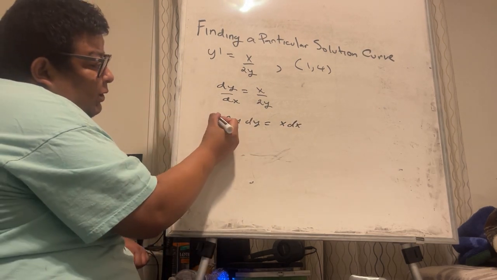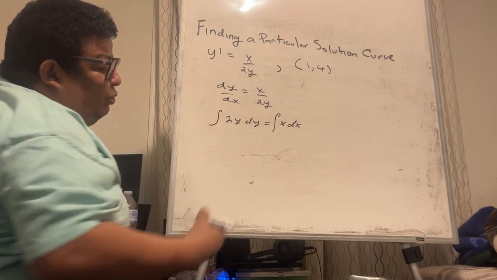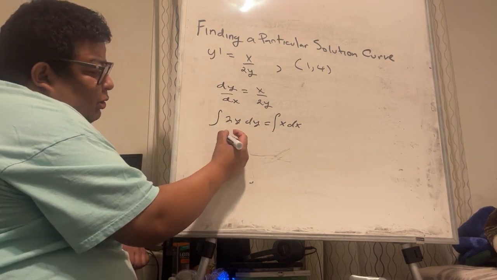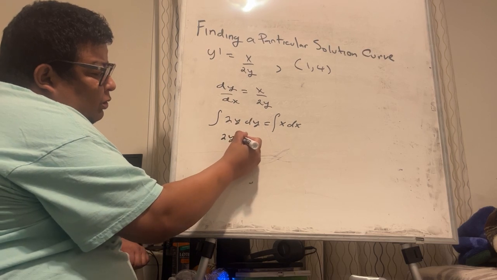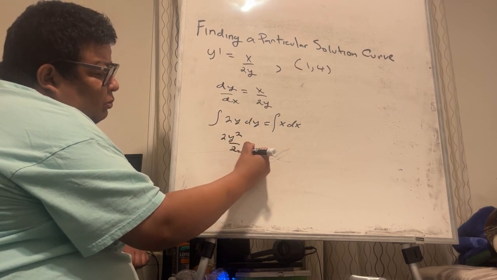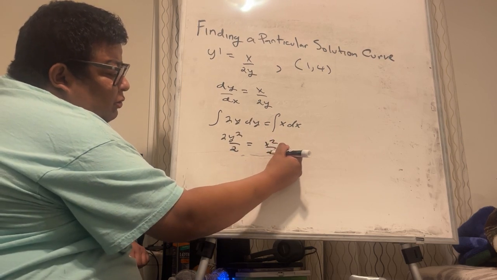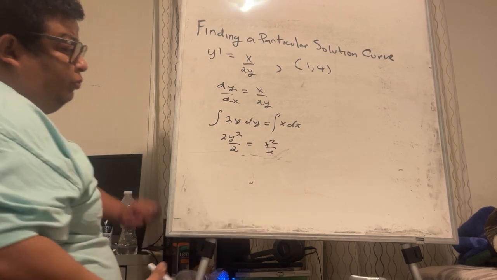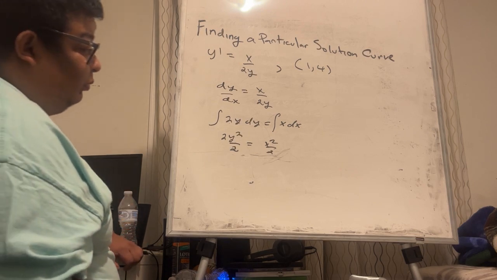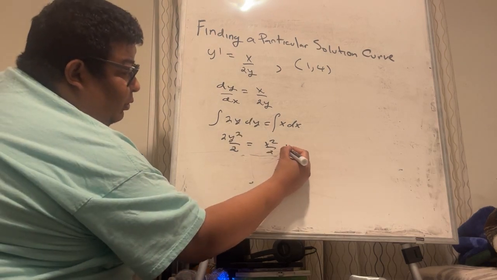Then we're going to integrate both sides, and then we get 2y squared over 2 equals x squared over 2 plus c.